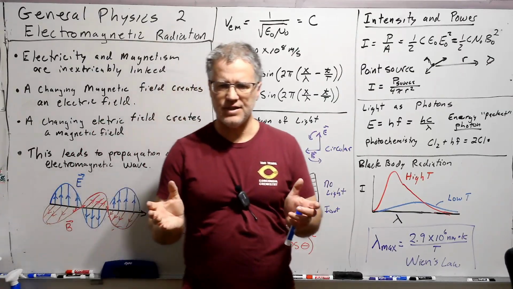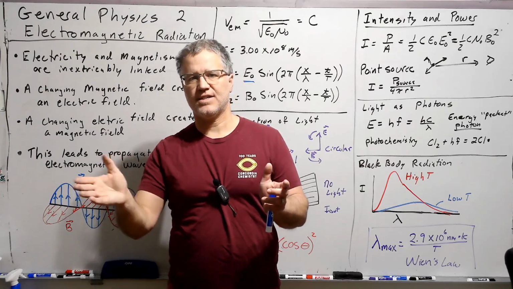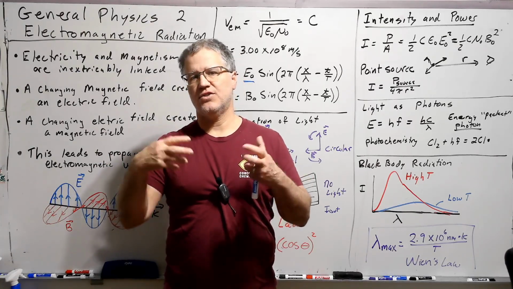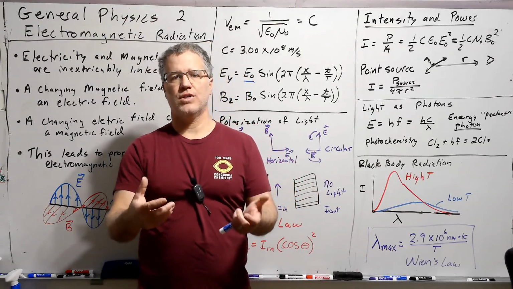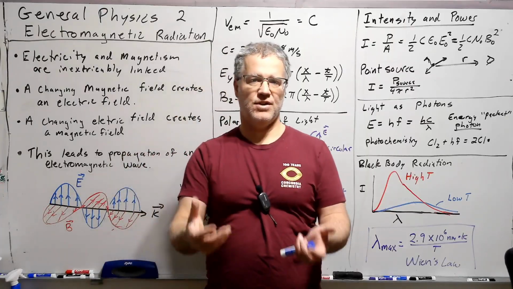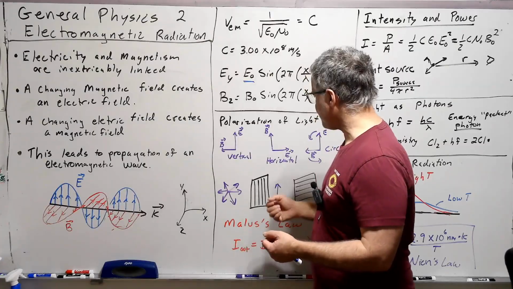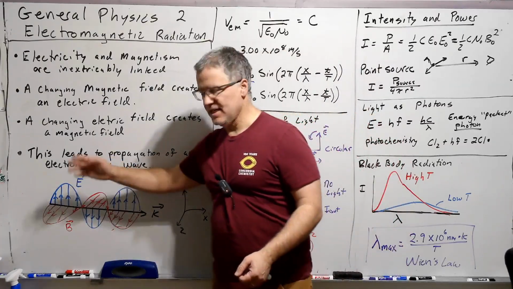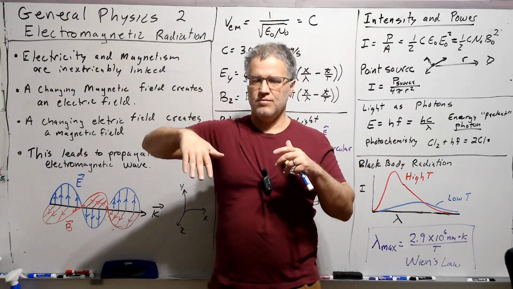So these two serve a lot like a two-dimensional vector with an x component and a y component. You could treat your light as how much of the vertical and how much of the horizontal component you have, and that could capture just the arbitrary behavior of light. So that means these fields do not have to stay in the same plane, and they can, in fact, move out of plane.